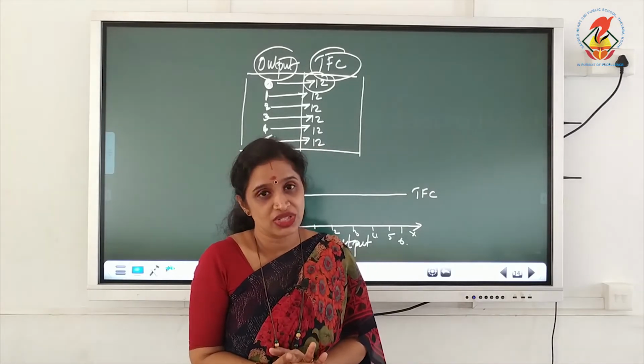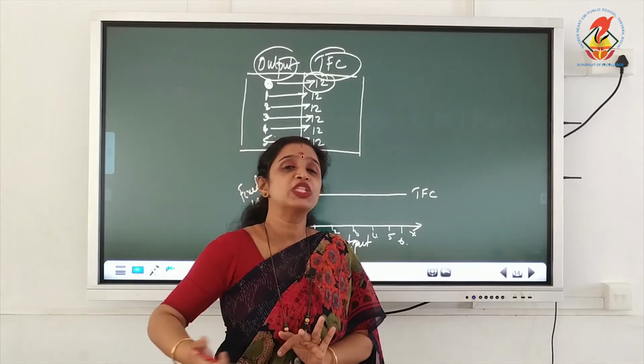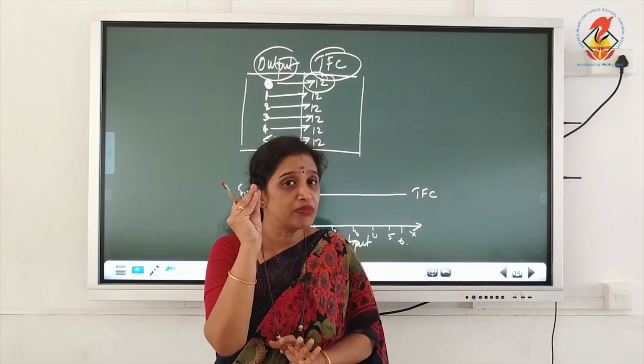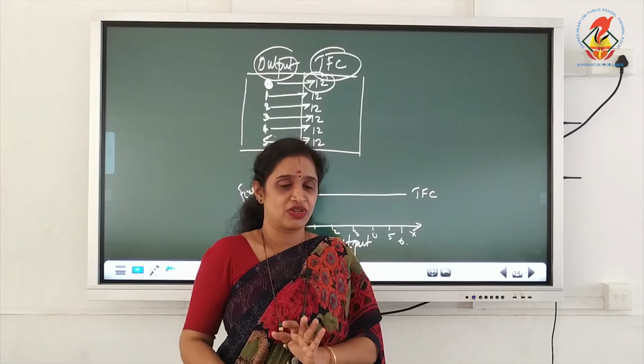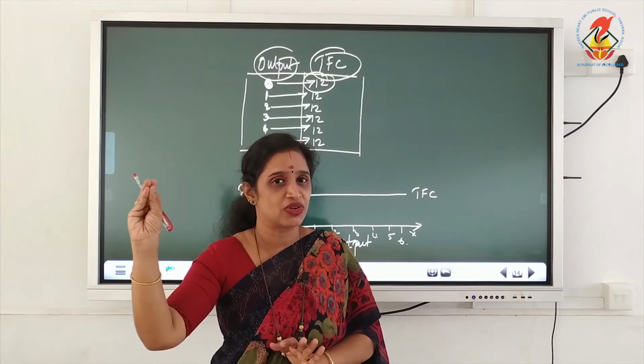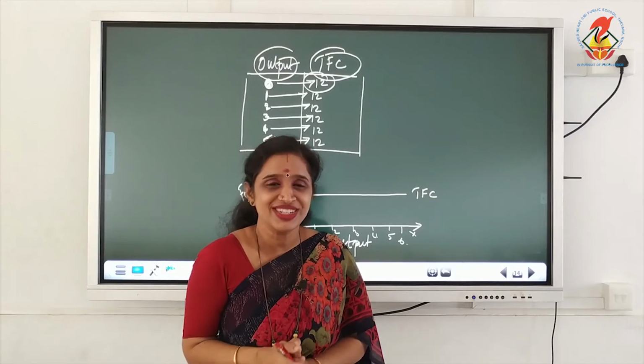All these are costs. So, even before producing anything, these components will be there in the firm. So, that is an investment. That comes under the total fixed cost. So, at 0 level of output, there will be total fixed cost.